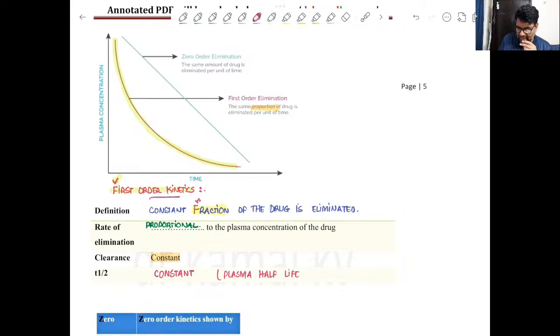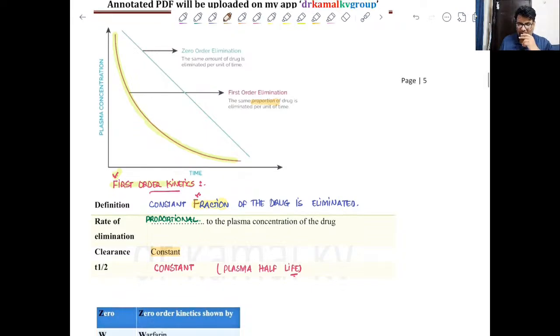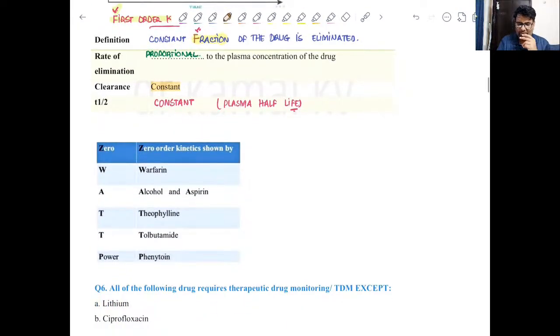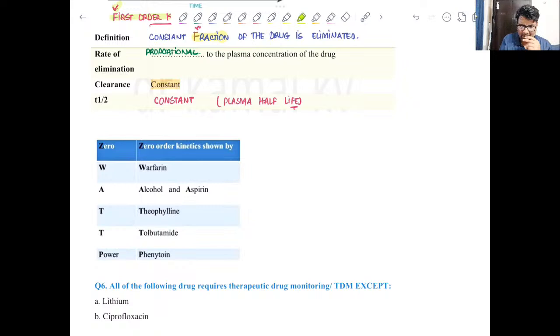Clear? So please remember this for first order kinetics, and the fraction can be say 20%, 30%. Now there are certain drugs which follow zero order kinetics, and there is a mnemonic for that. So you can remember it by the mnemonic like 0.